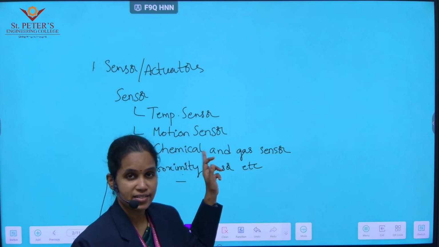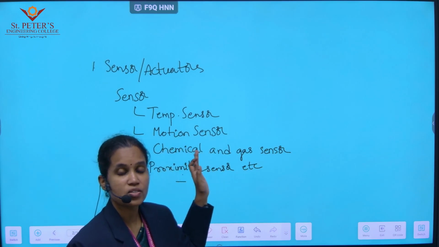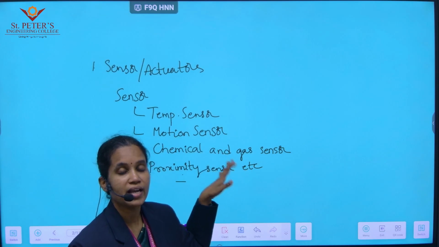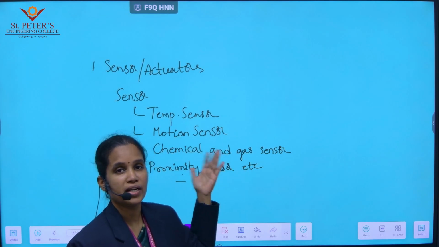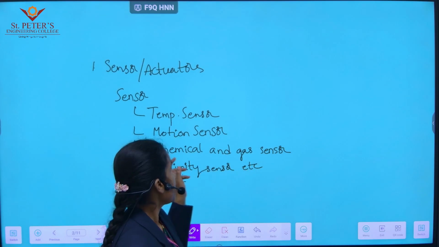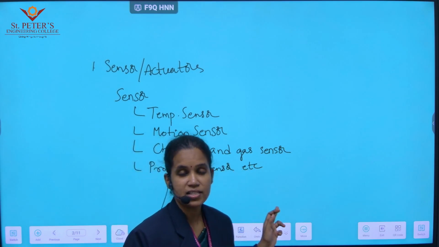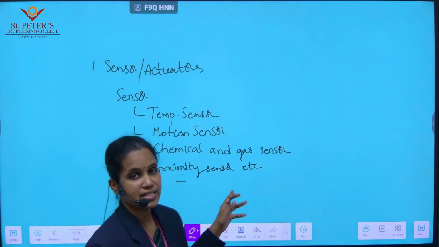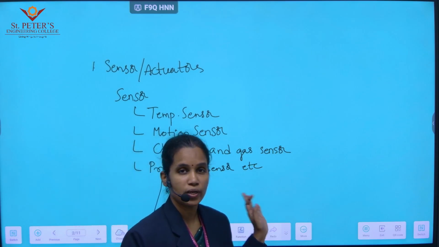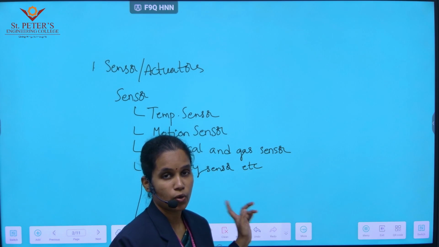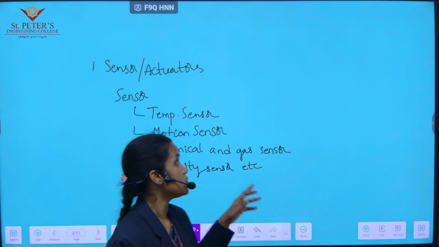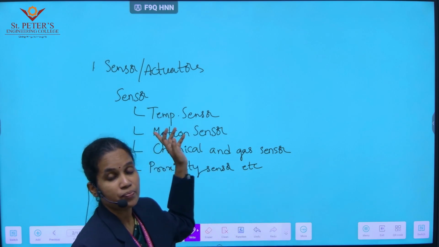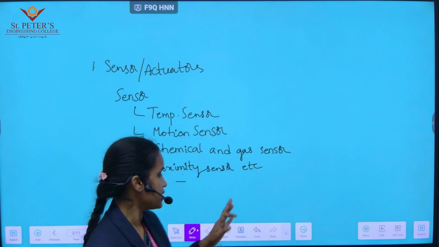A motion sensor detects the presence or absence of a moving object and converts that movement into an electrical signal. Chemical and gas sensors are used to measure the air quality, and proximity sensors are used to detect the presence or absence of an object which is not moving. So these sensors mainly convert the change into an electrical signal.